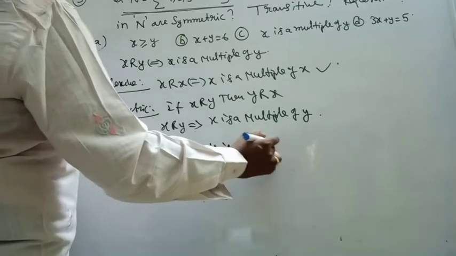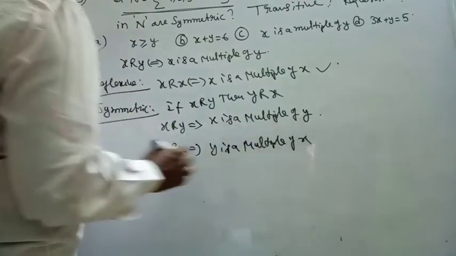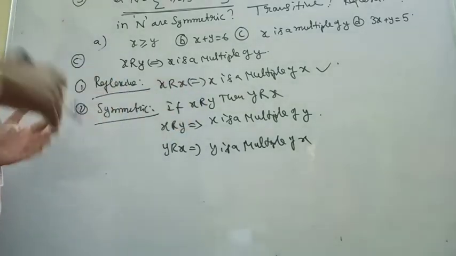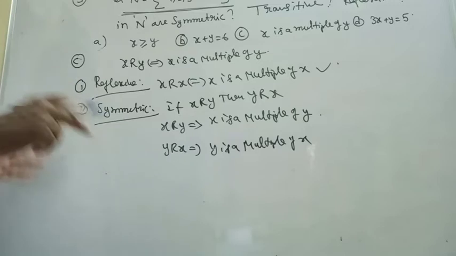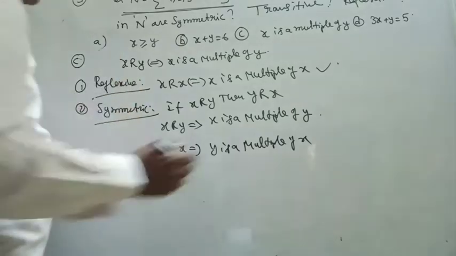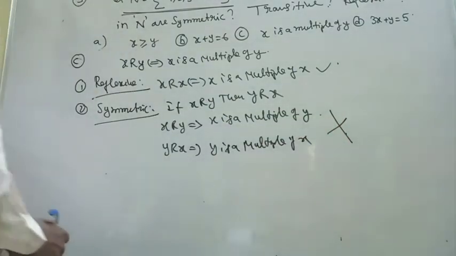If 8 is a multiple of 2, then can we say that 2 is a multiple of 8? No, you cannot say. Therefore, symmetric is not satisfied.